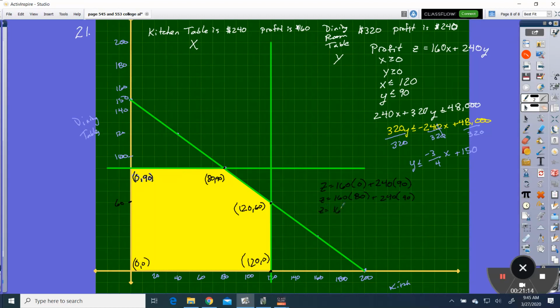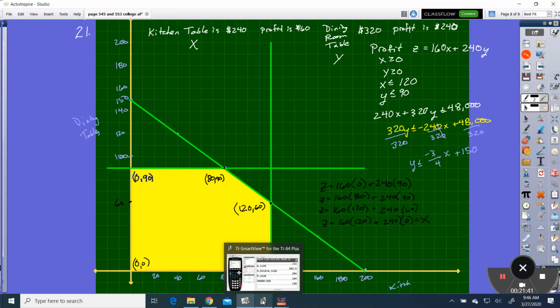Z equals 160 times 120 plus 240 times 60. Z equals 160 times 120 plus 240 times 0. Well, because these two both have the same x values, and this has a y, I know this one's not going to be my maximum, so I'm not even going to worry about that.